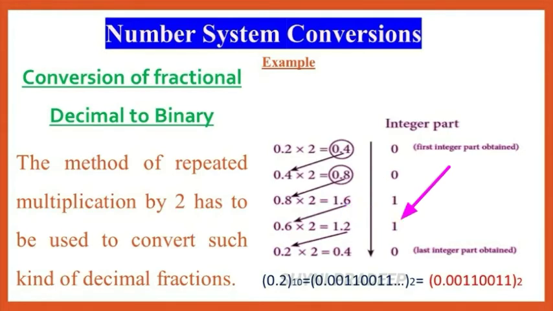Note this integer value and take this fractional part only in the next step. 0.4, take the integer value, note that integer value, and again take the fractional part in the next step. This calculation will be continued until the last integer part is obtained. So see here, this is the answer: 0.00110011 and so on, base 2. This is the answer.